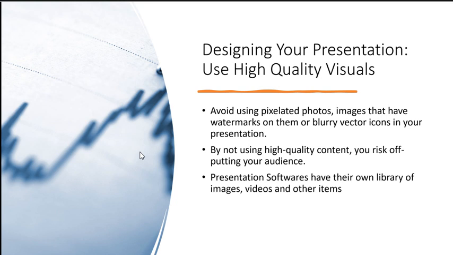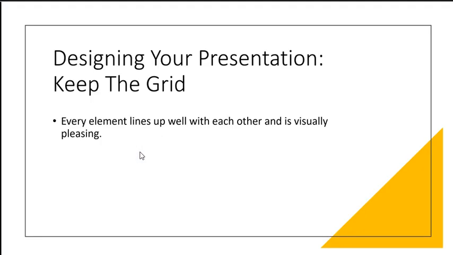If you don't have a picture yourself, then Microsoft Office has its own library. You can search inside PowerPoint or MS Office and you will get good quality pictures directly, so you can use them.